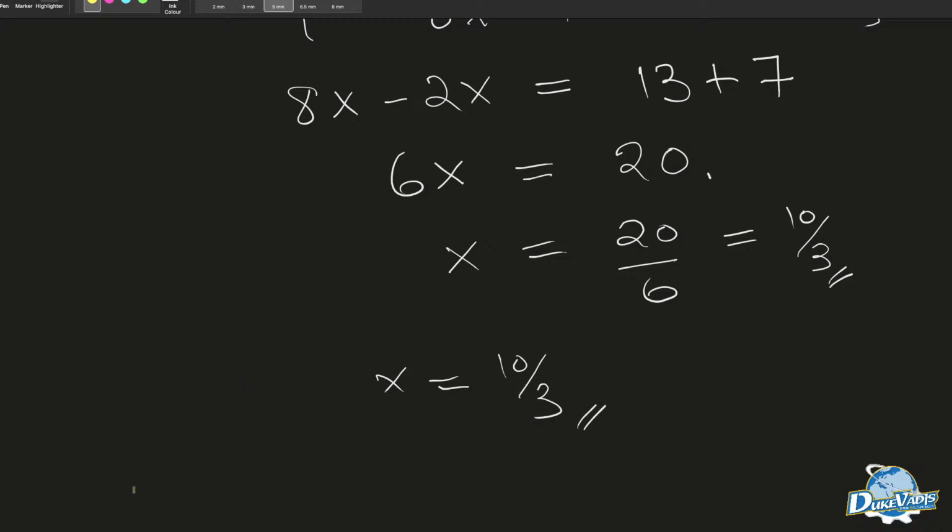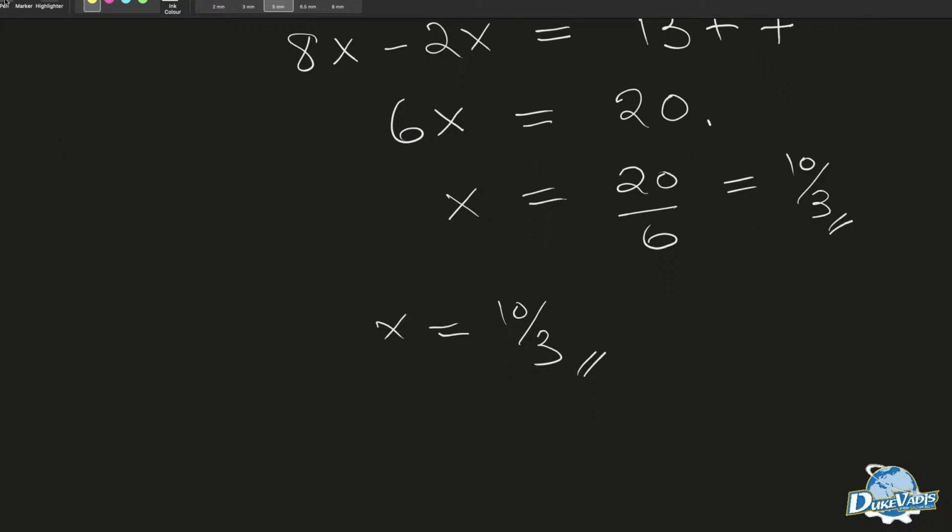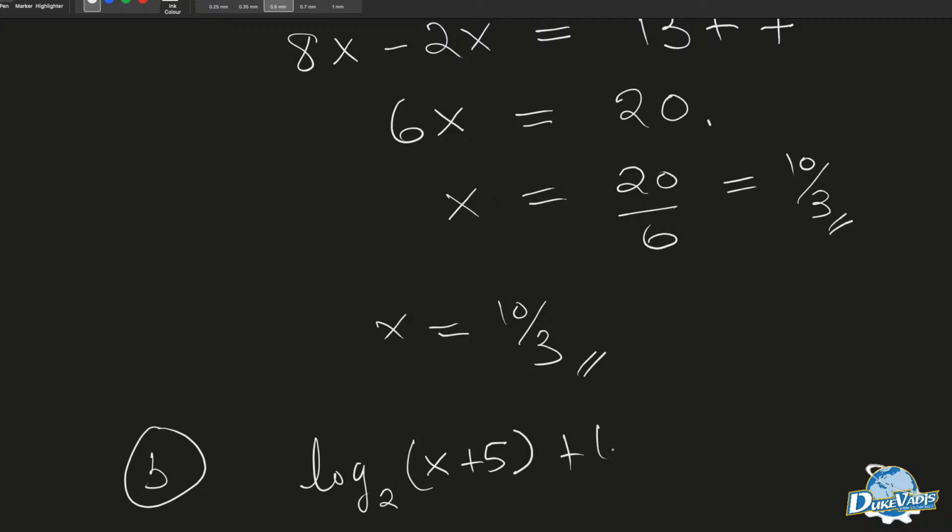Question number 5 is also for graph. So we have log to the base 2 of x plus 5, then log to the base 2 of x plus 1, and it says equals 5.